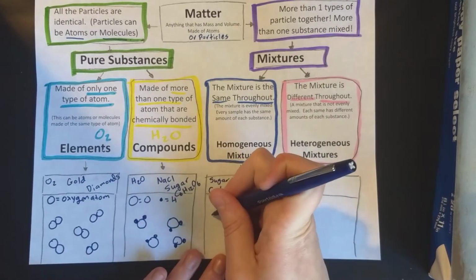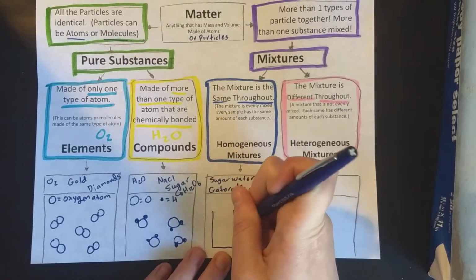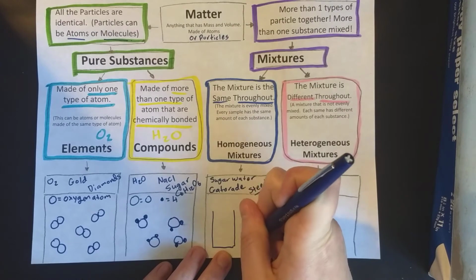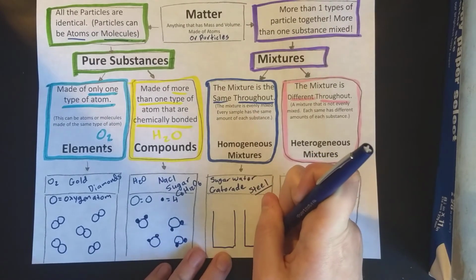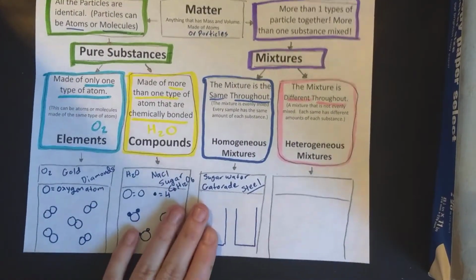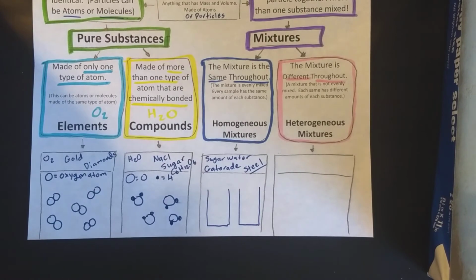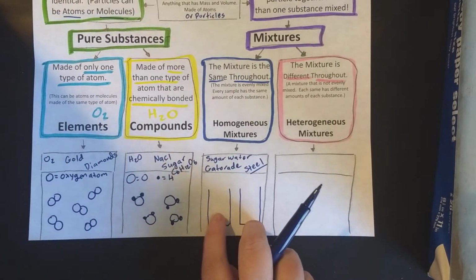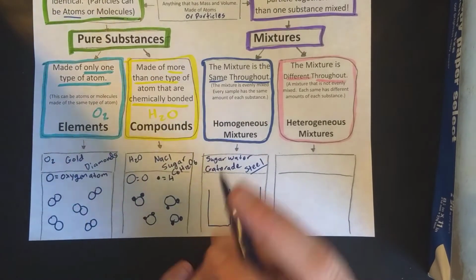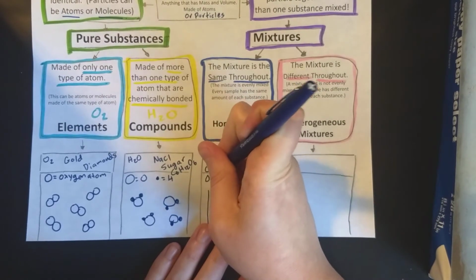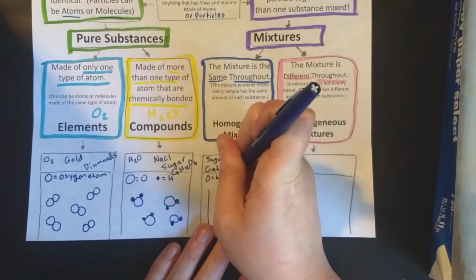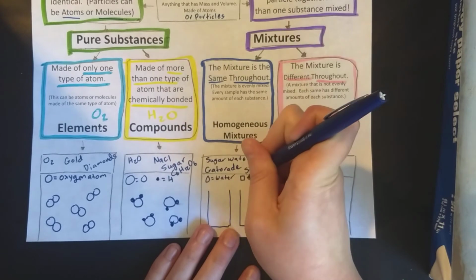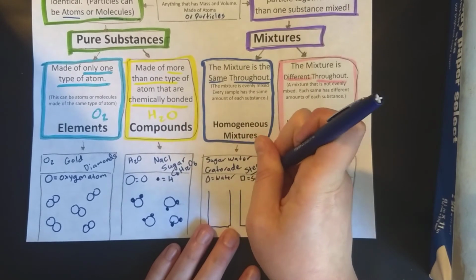Now for this one, I want to draw 2 cups, because I want you to imagine, we're going to do sugar water. I want you to imagine I mixed sugar and water together and I poured it into 2 cups. Both of these samples should be exactly the same and the same throughout. So I'm going to use a little water droplet to represent water. And I'm going to use a little square like a sugar cube to represent sugar.